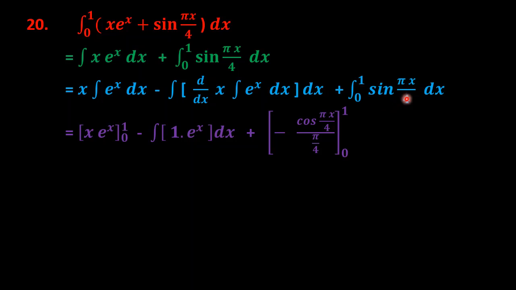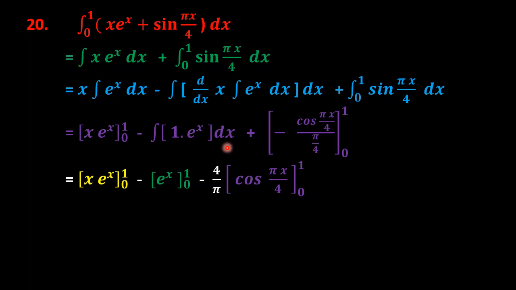So n here is pi by 4, which is a constant. The formula for the integration of sine nx is minus cos nx by n. So using that formula here, it will be minus cos, our n is pi by 4 into x by n is pi by 4. Our lower limit here is 0 and upper limit is 1.